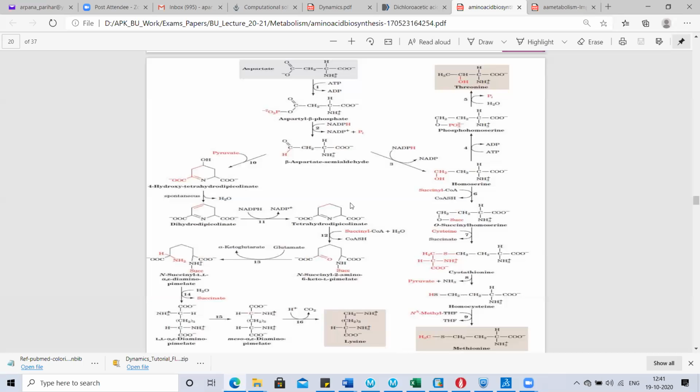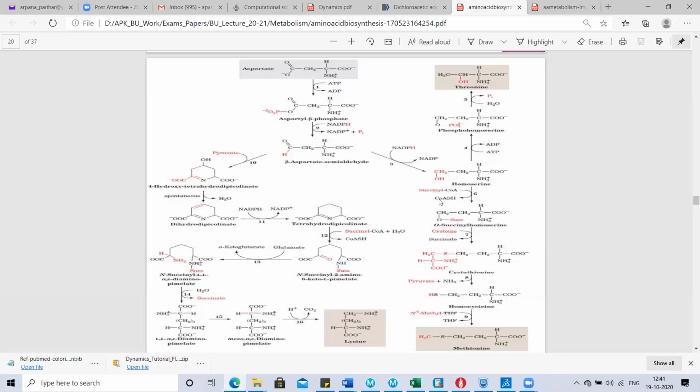In the subsequent parallel pathway, the beta aspartate semialdehyde can convert into homoserine. This is a dehydrogenation reaction, and homoserine can be converted into phosphohomoserine, and this phosphohomoserine can be converted into threonine.